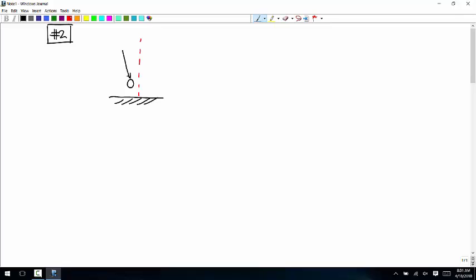If that's another vertical line, then this is 10 degrees. And then it makes contact with the ground. And then after the collision, it's 20 degrees from vertical.